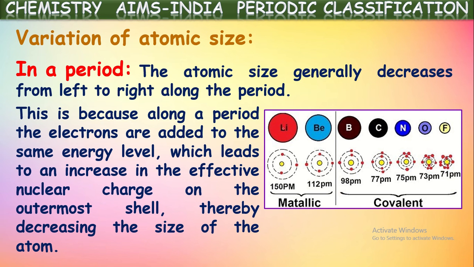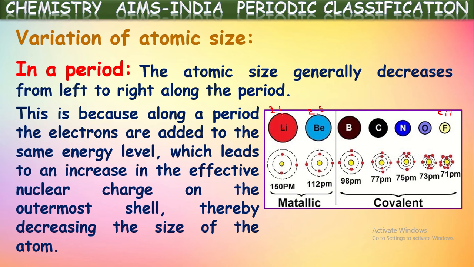if you observe for all these elements, the electrons are being added gradually in the same shell. For lithium, there are two shells, with 2,1 configuration. For beryllium, 2,2. In the same way, for fluorine, it is 2,7. All these elements have the same number of shells or orbits, but only the number of electrons in the second shell gradually increases.